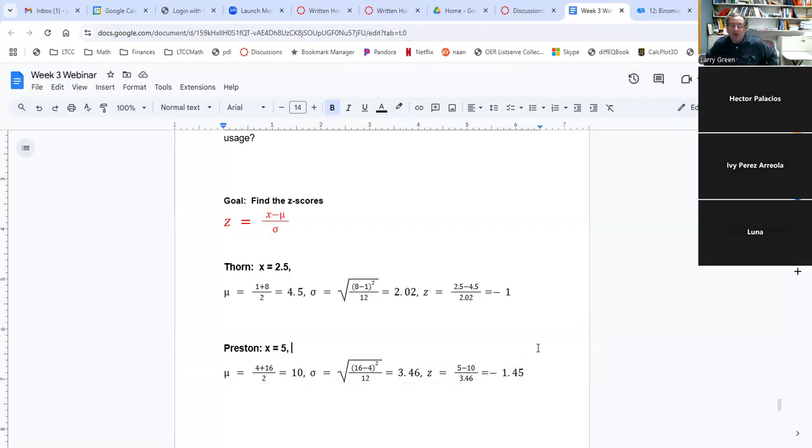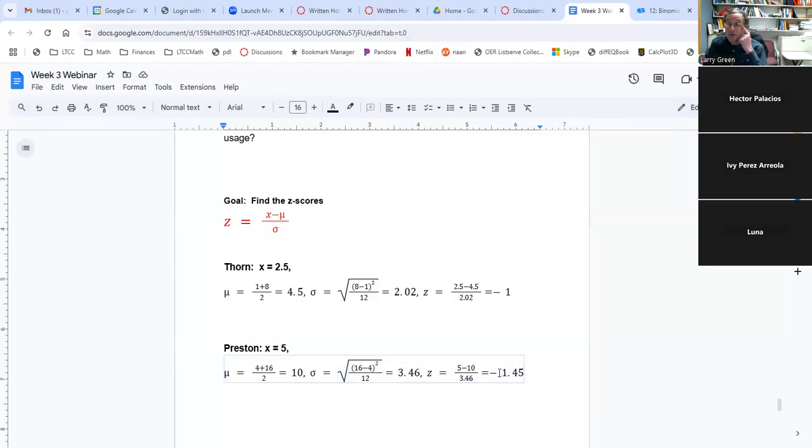Okay, so who was more unusually small in terms of the amount of water that was consumed? Yeah, Preston was more unusually small. Notice Preston drank more water, or took more water, because 5 versus 2.5, but we have to look at it based on the distribution in their scenario. Does that make sense?